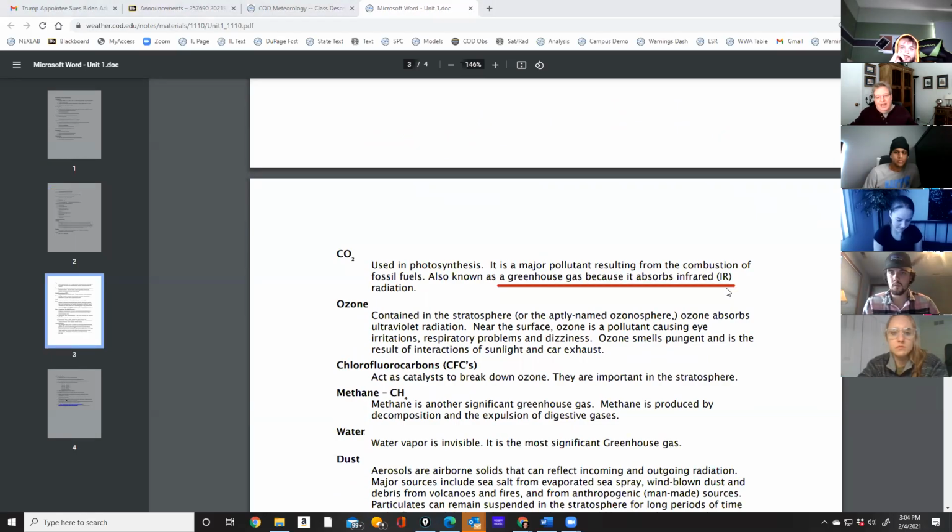A greenhouse gas is any gas that absorbs infrared radiation, IR radiation. And this is what we're going to need to talk about. So on Monday, we are going to be doing greenhouse effect, global warming, and all these other big parts in here.